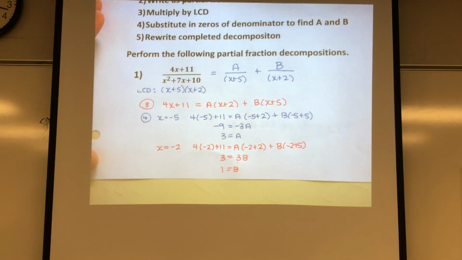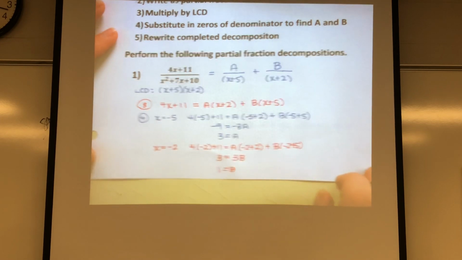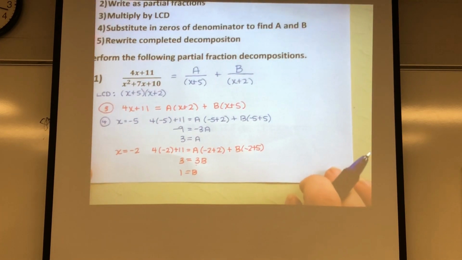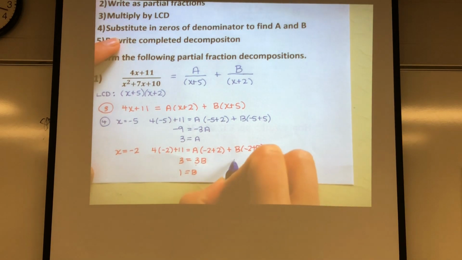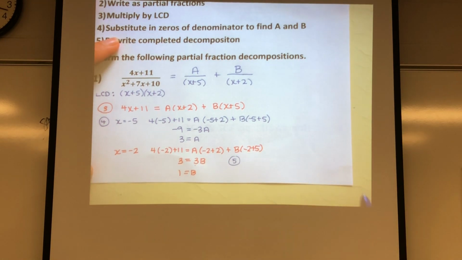Now step 5 is to rewrite the completed decomposition. So we're going to take our original fractions here, and we're going to substitute 3 in for A and 1 in for B to do step 5, which I'm going to have to kind of squeeze in the bottom of my paper here.